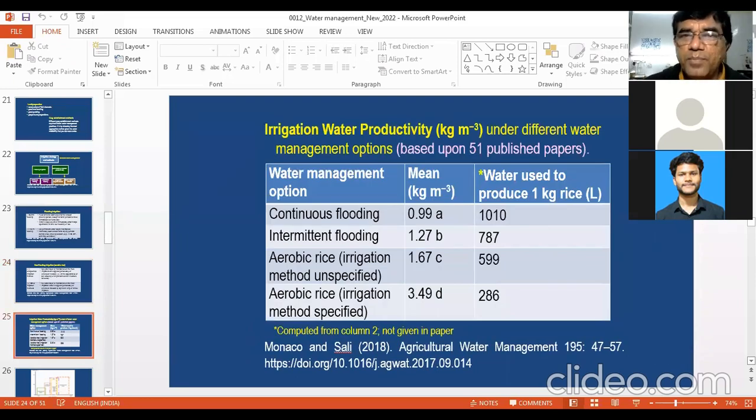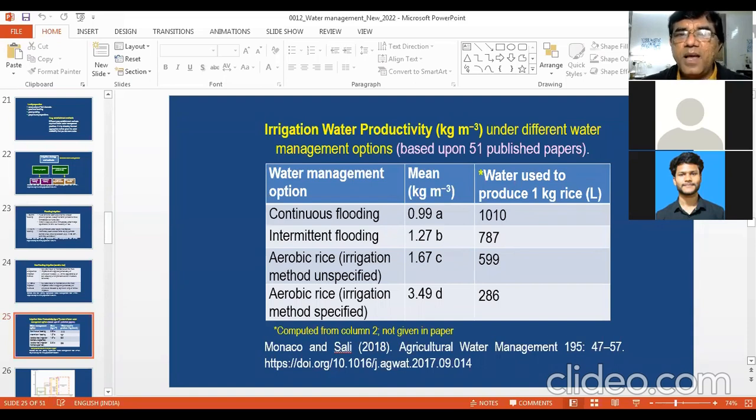Now, irrigation water productivity, just 2 minutes more. Irrigation water productivity is measured here in kg of rice grain per cubic meter of water under different water management options, based upon 51 published papers. You can see that with continuous flooding the water productivity is very low.